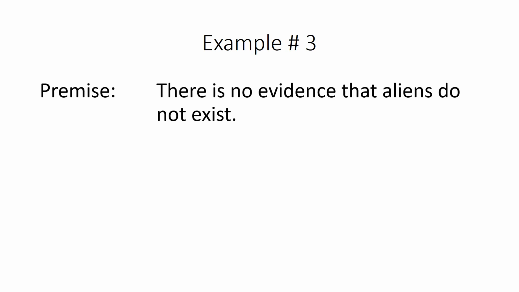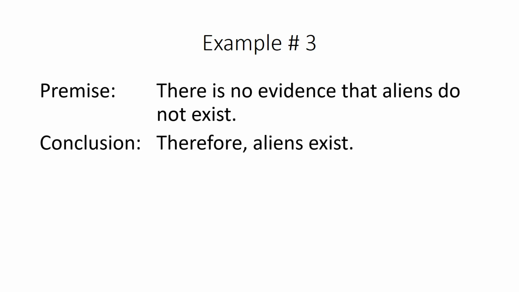Another example. There is no evidence that aliens do not exist. Therefore, aliens exist. UFO people always use this type of argument, but notice, there's no evidence. So how can we claim that we know they exist? If there's no evidence, we don't know anything about aliens.